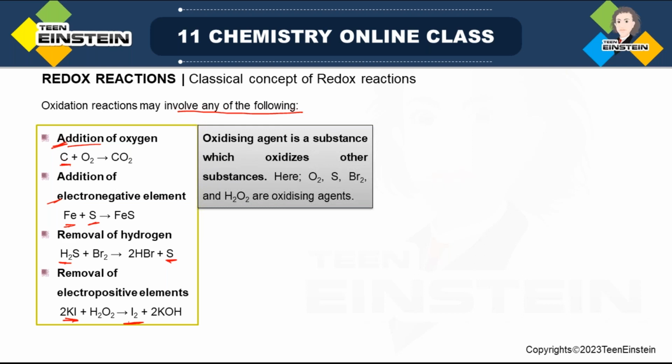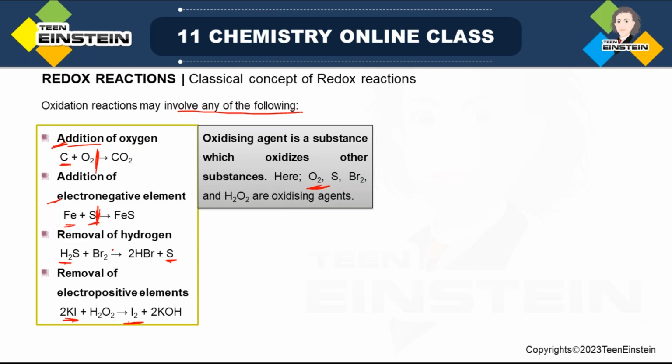Now we can define oxidizing agent. It is that substance which oxidizes other substances. Now just consider these four reactions. In these four reactions, what are the species that are actually oxidizing the other substance? In the first equation, it is basically oxygen, which is the oxidizing agent. Then in the second example, sulfur is the oxidizing agent.